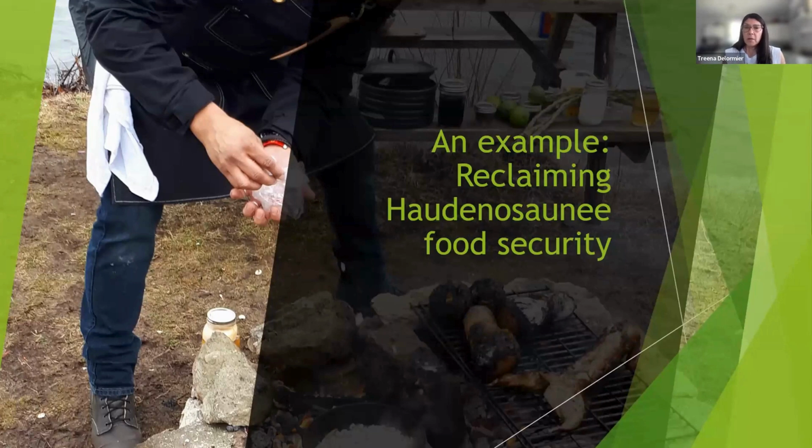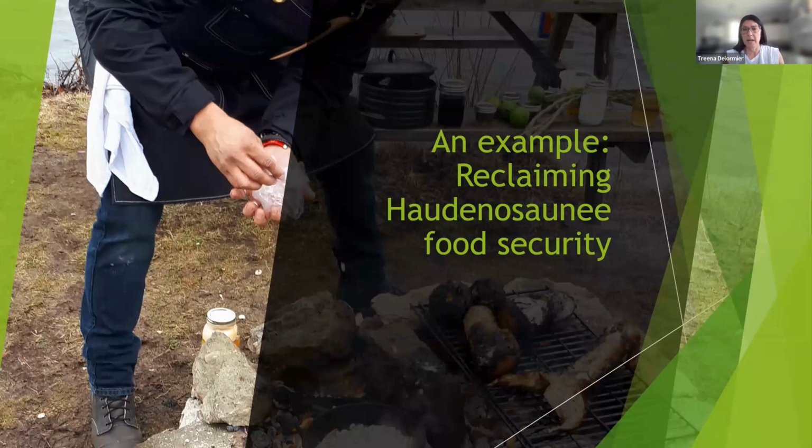Although this community, Kahnawake's food security status is not as bad as we see in other communities. And I think because of our close geographic location, but also just the realities of our community in terms of opportunities, but there is still food insecurity.